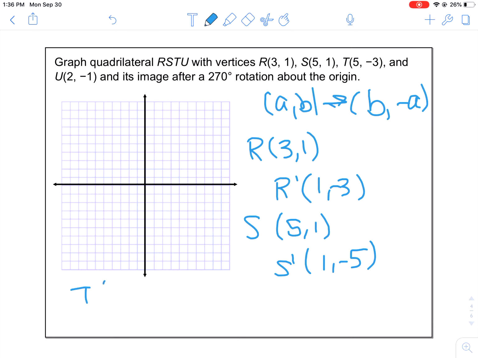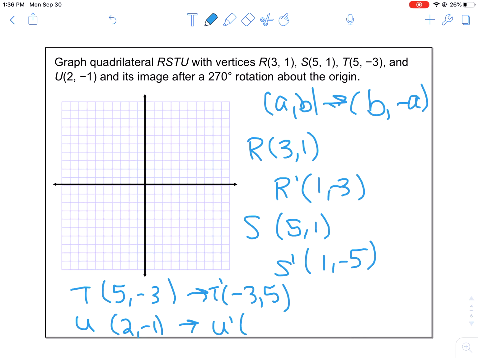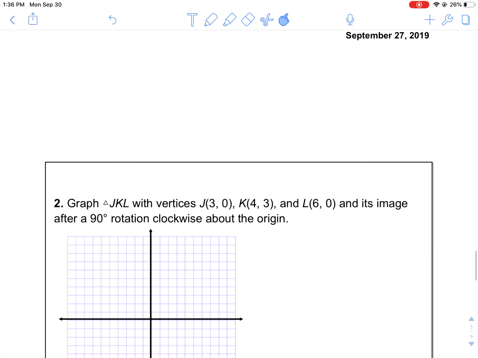T is at (5, -3). So T prime is at (-3, -5). And then for U, which is at (2, -1), U prime is going to become (-1, -2). I'm sorry, this should be -5. And that's it. So you just have to know the rules.